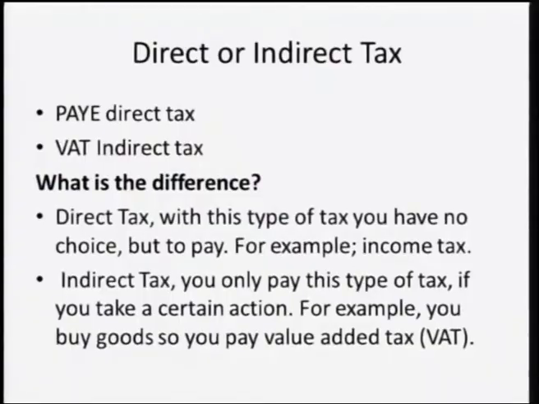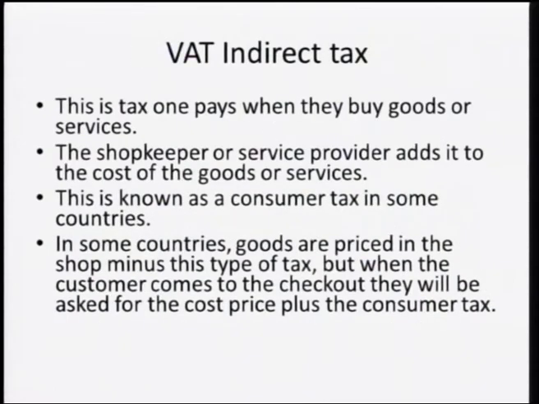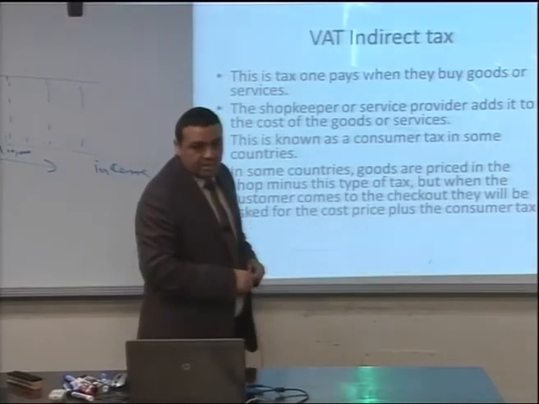We have two types of taxes: the direct and indirect taxes. Value-added taxes are indirect taxes, and the income taxes are classified as direct taxes. Okay? We will check it now, but we will go to the value-added taxes using an example. It's applied in the Palestinian economy here.